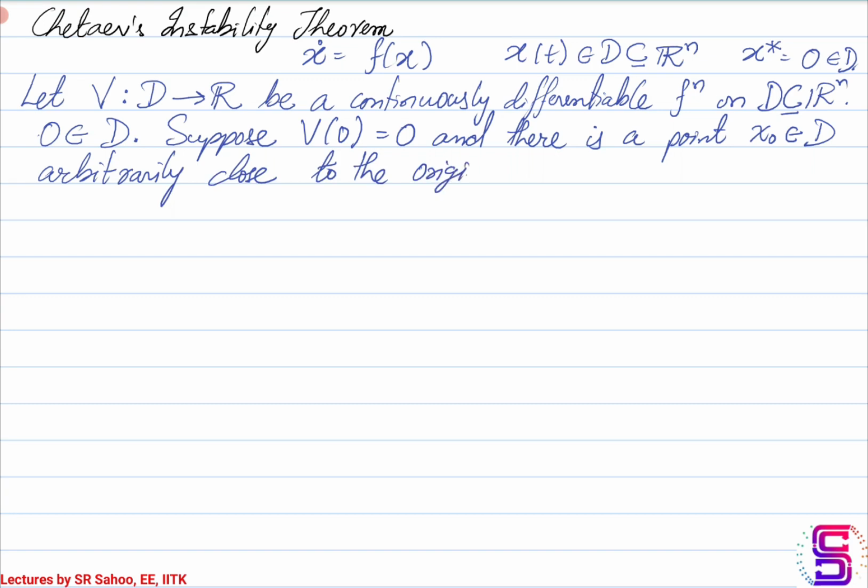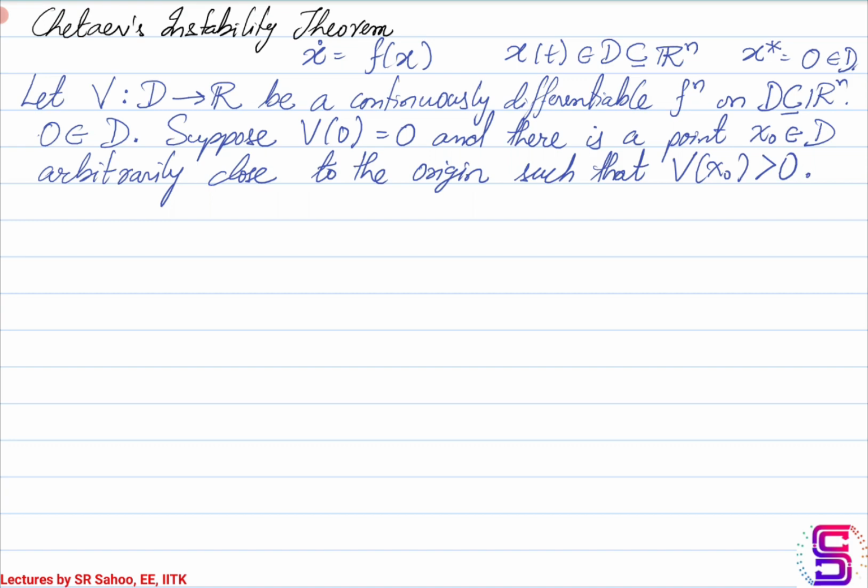Okay, so x0 is a point which is arbitrarily close to the origin, such that at that particular point V of x0 is positive. Okay, at that particular point V of x0 is positive.